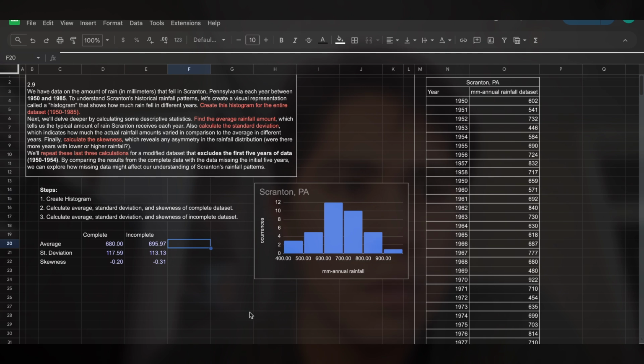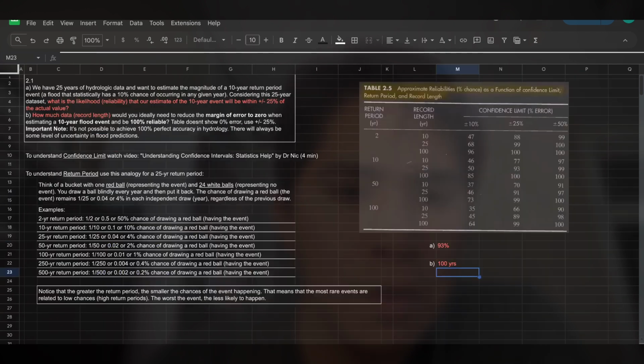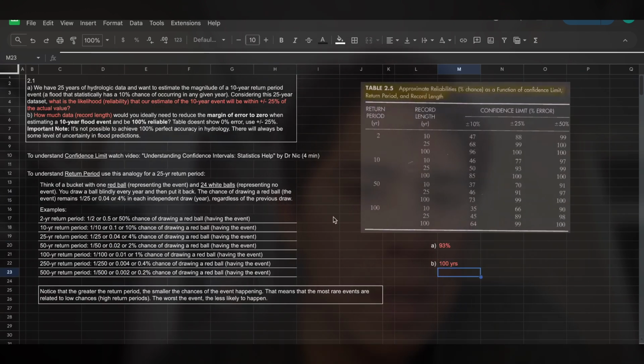Let's review. With the first problem, we learned about confidence limits, return periods, and how to use table 2.5 for a relationship between confidence limits, how much data you have, and the return period you're interested in.